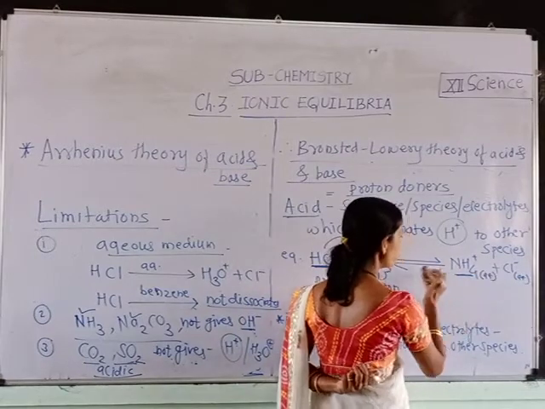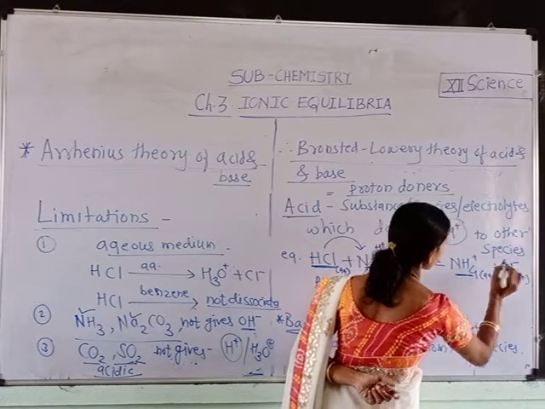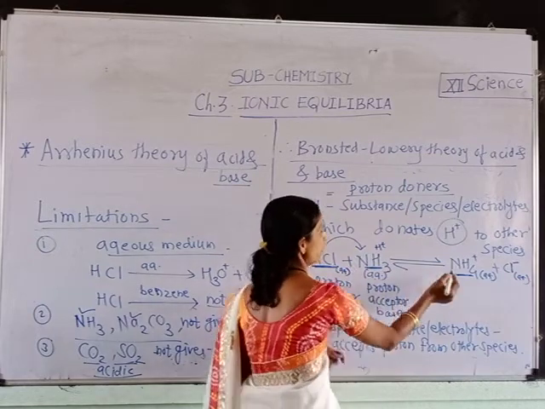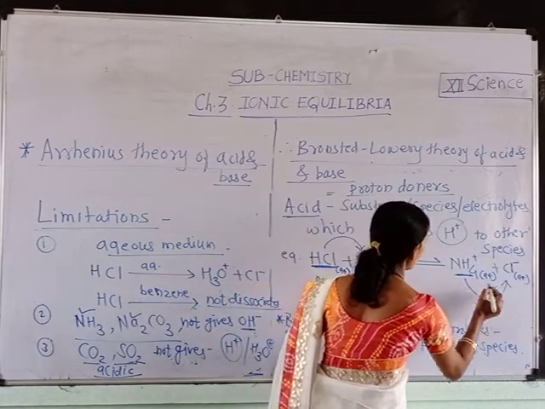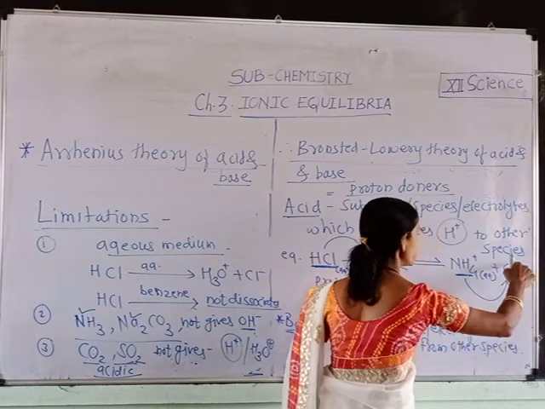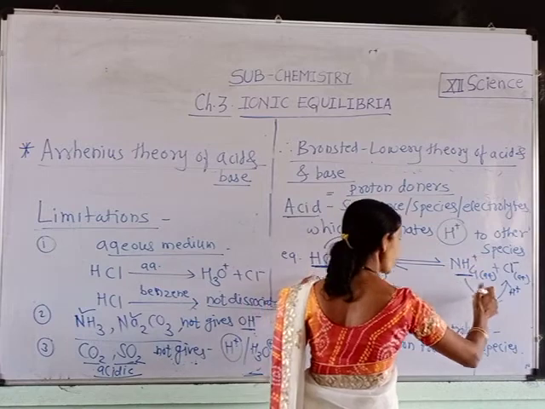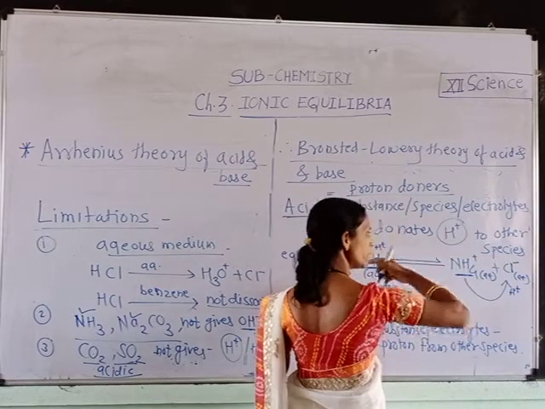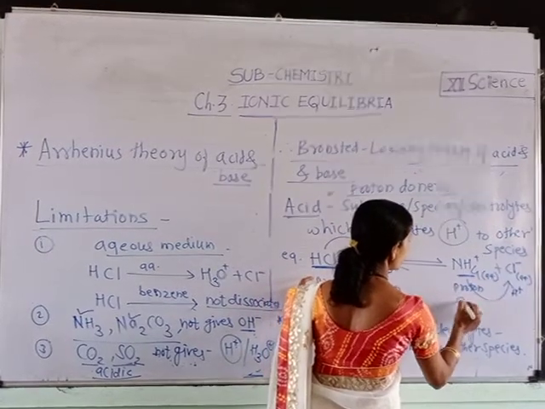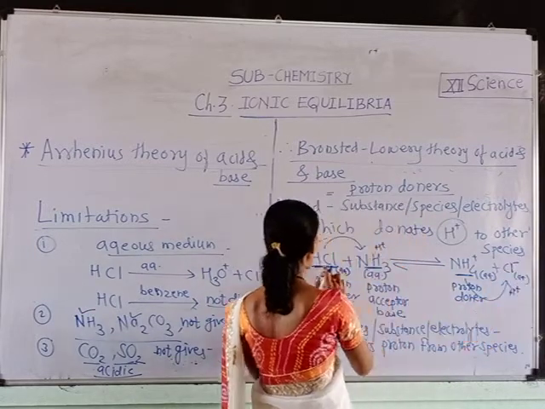Therefore, there is a reversible reaction in which NH4 plus ion combines with Cl minus ions, and it gives NH3 and HCl. That means here NH4 plus donates H plus ions to the Cl minus and is converted into NH3. In the reverse reaction, NH4 plus is a proton donor, and H plus donates to the Cl minus ion and is converted into HCl.